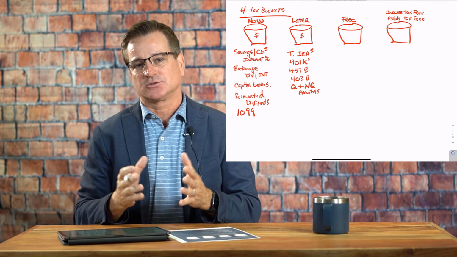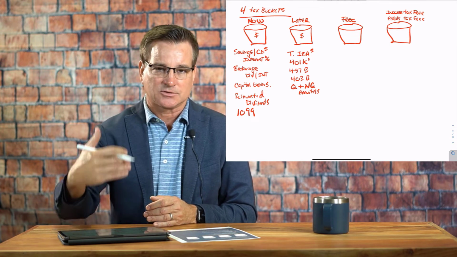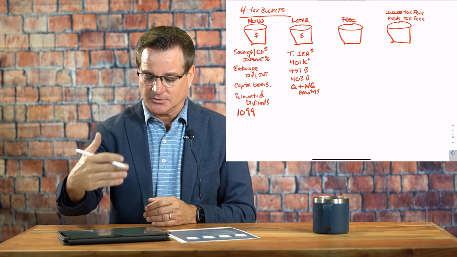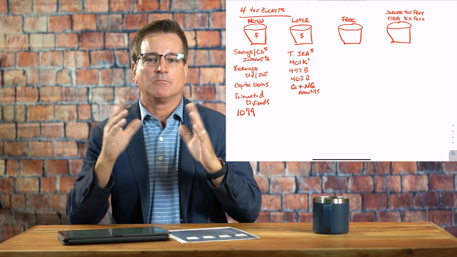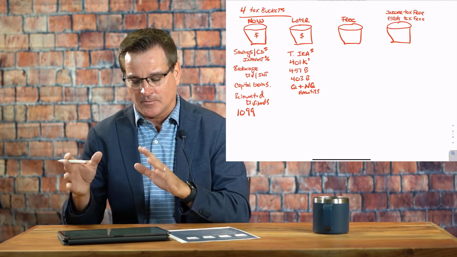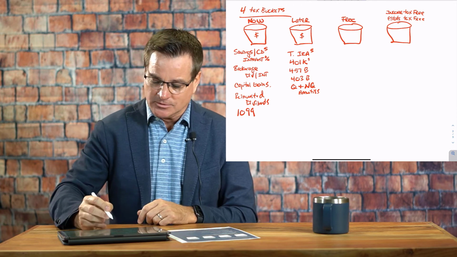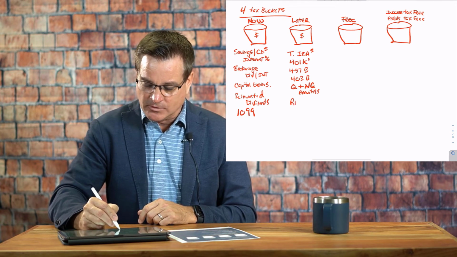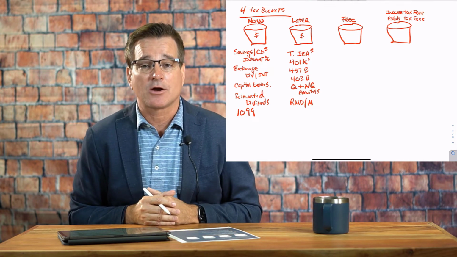Now this bucket is extremely important because on most of these vehicles, traditional IRAs, 401ks, 457s, 403bs, in most scenarios we have a required minimum distribution, commonly called an RMD.